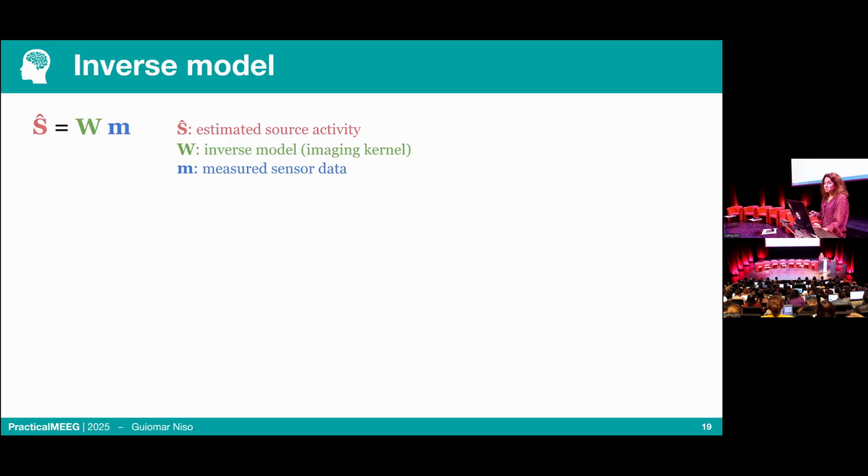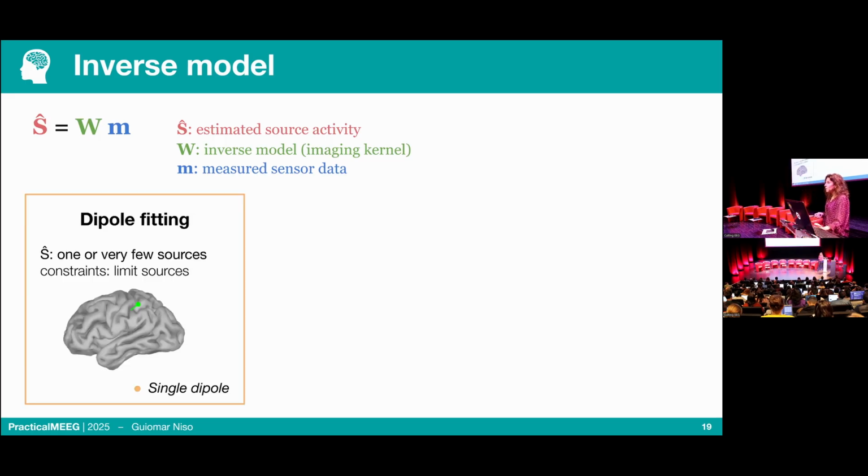Depending on which constraints you apply, we have different approaches to resolve this inverse model. We have dipole fitting, where we estimate one or very few sources in the brain, and the constraint we apply is to use a very limited number of sources.